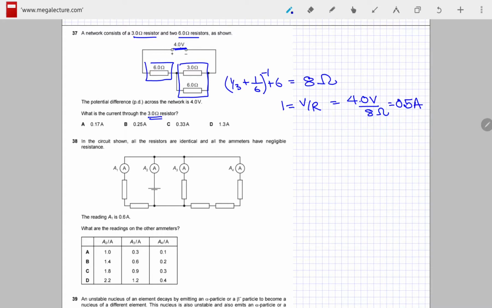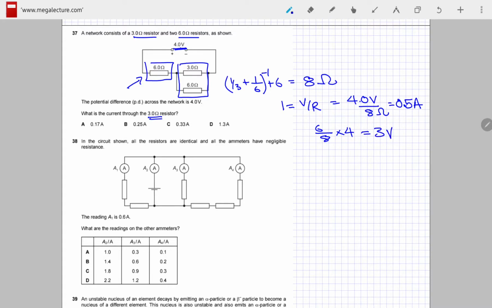Now we need to find the potential difference across the left 6 ohm resistor, which is this one, and we'll use the potential divider. So we would have 6 over 8 times 4, so the total resistance is 8 and 4 volts, right? This is the potential divider equation, and this gives me 3 volts.